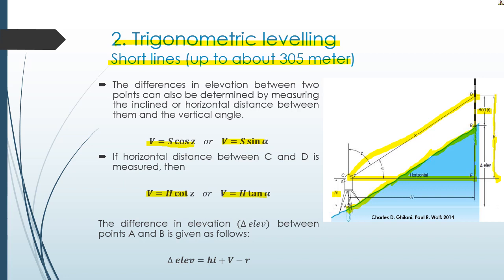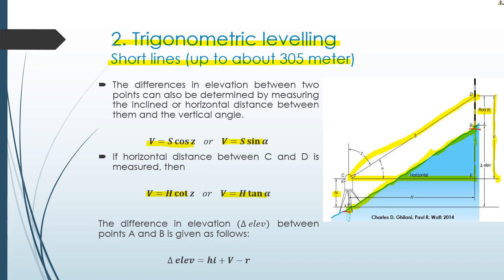These angles are known as well from the readings from the instrument. So once we know the vertical distance V, we can easily determine the elevation from A to B.